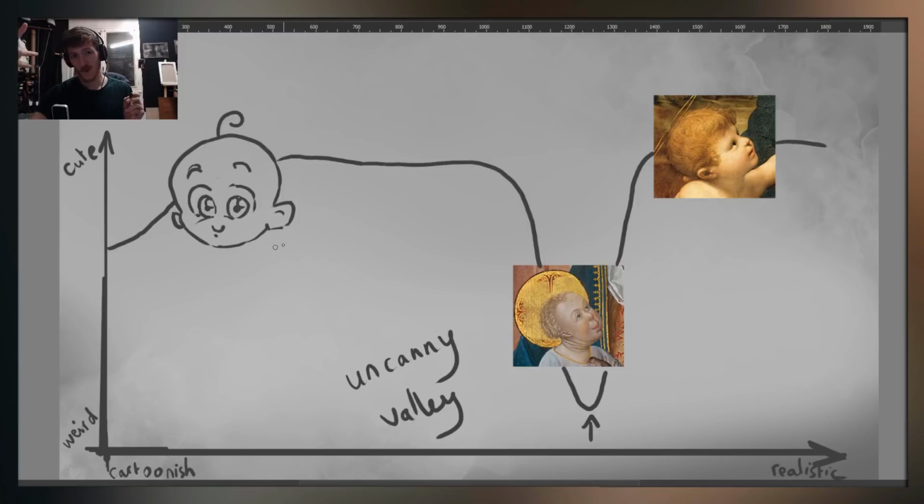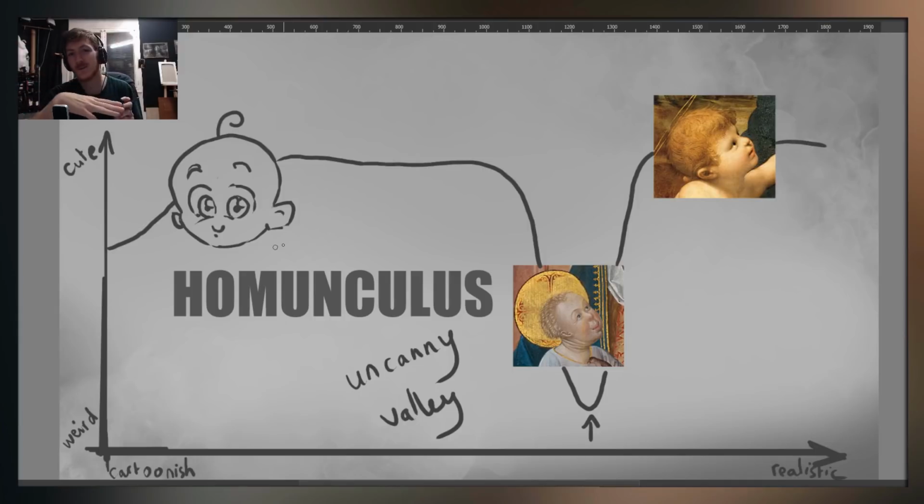For a long time it was actually a rule, especially for religious paintings, to create babies with adult features. This is called the homunculus. This is not an insult in Latin, it means little man. Basically the idea was that Jesus Christ is the Son of God, so artists should not be allowed to paint him with childlike features.